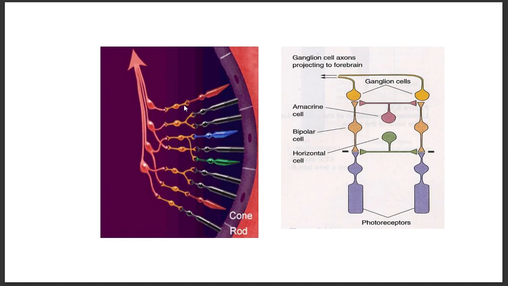The rods and the cones synapse with these, which are the bipolars, and then we go to the ganglions. Take note that between the rods and cones and the bipolars, there is a connection, those are the horizontal cells. The amacrine cells connect the bipolars on top and the ganglion cells.